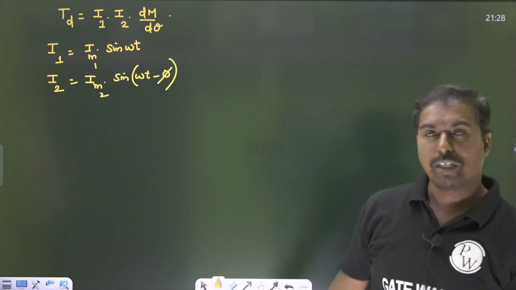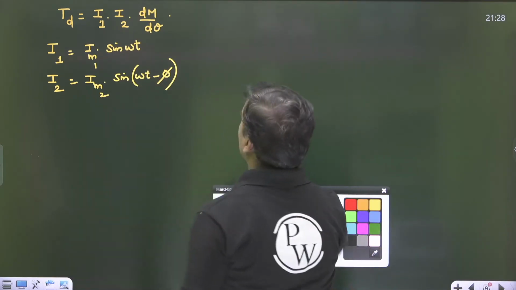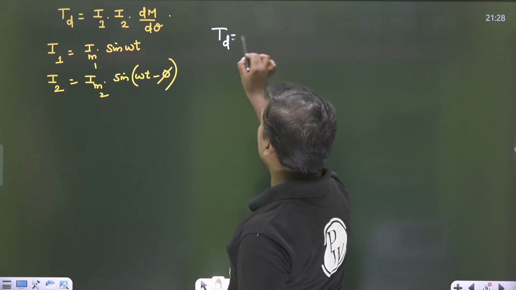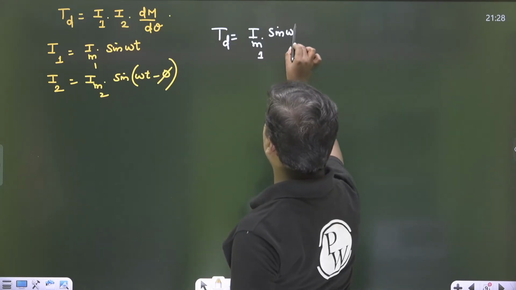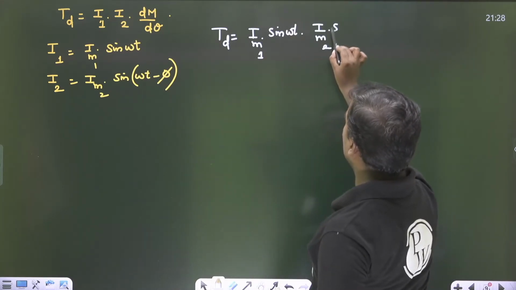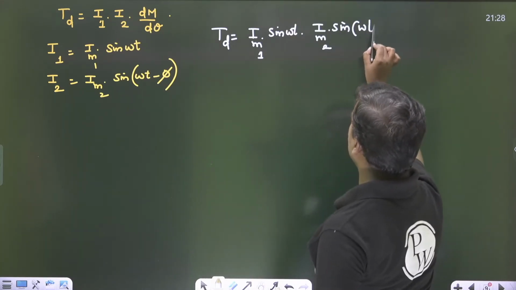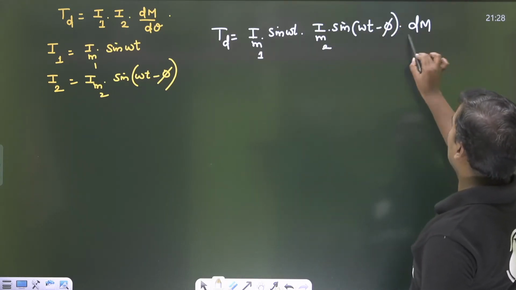So now the deflection torque I can write as Im1 sine omega t into Im2 sine of omega t minus phi into dM by d theta.